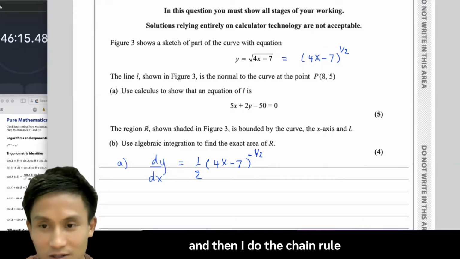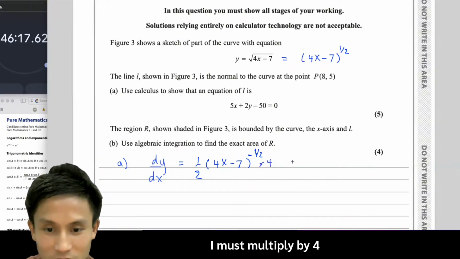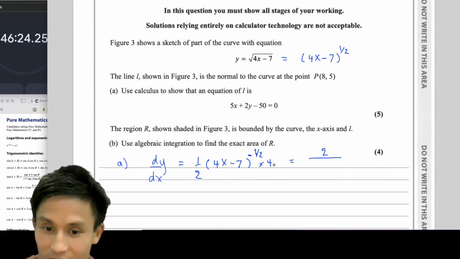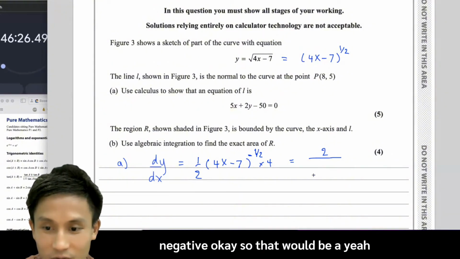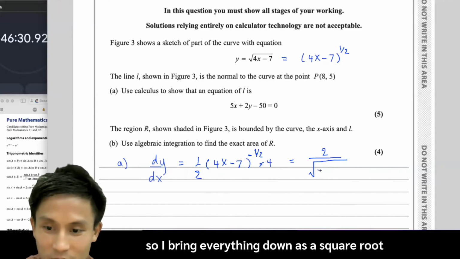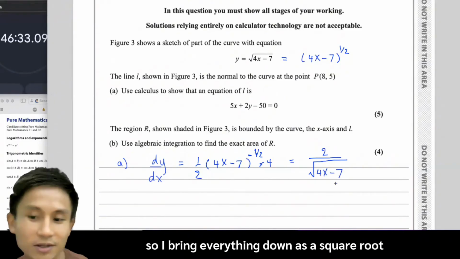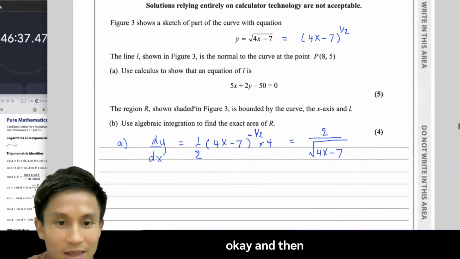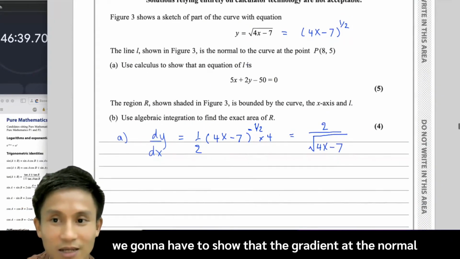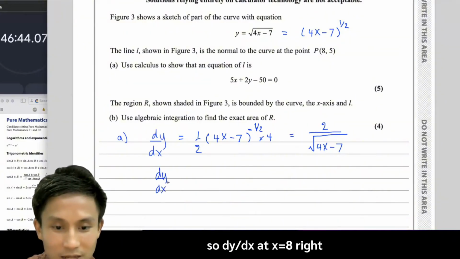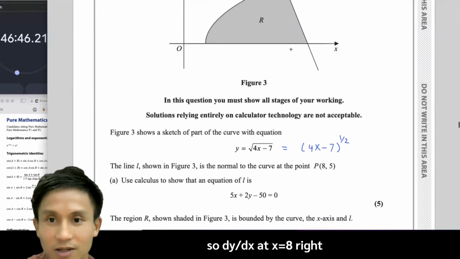And then I do the chain rule. I must multiply by 4, so that would simplify to be 2 over the negative power. Okay, because I prefer a positive power here, so I bring everything down as a square root. So that would be my differentiation. Okay, and then we have to show the gradient, so dy by dx at x equals 8, right?